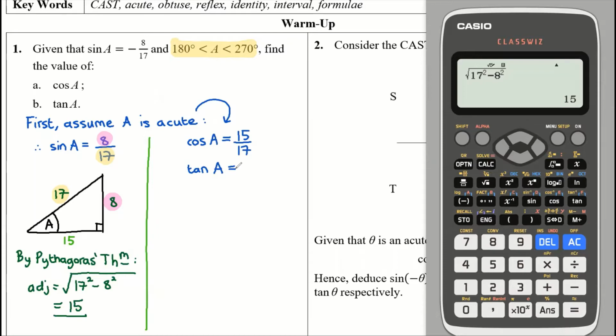But in this case, for acute A, tan A would be the opposite over the adjacent, which is, of course, 8/15.